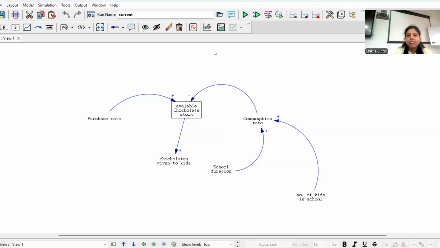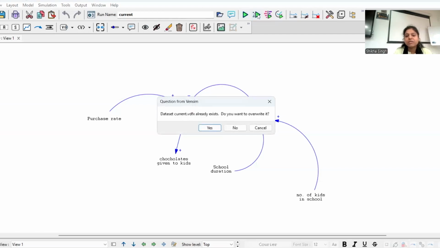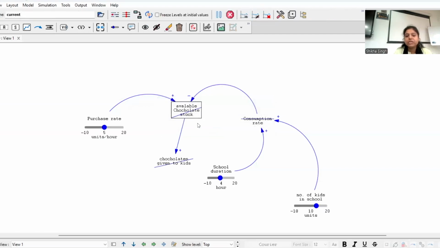Then with time, let us run the simulation. You see, as I am increasing the purchase rate, how the available stock is increasing with time, right? So here you see, when I am moving this, nothing else is moving. Nothing else means other dependent parameters.